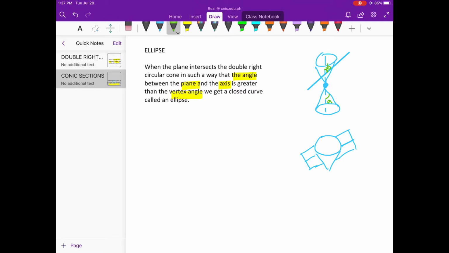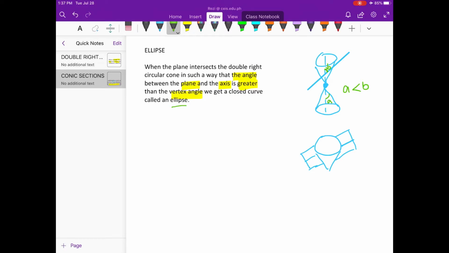So it is said there that it should be greater. If angle B is greater than angle A, a closed figure or curve will be formed. It will be called an ellipse.